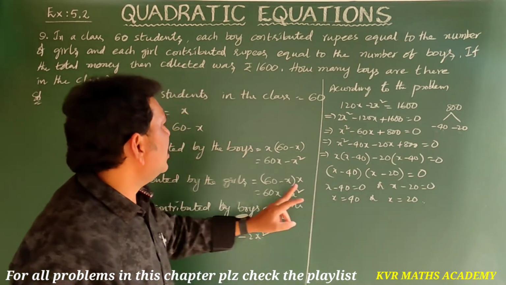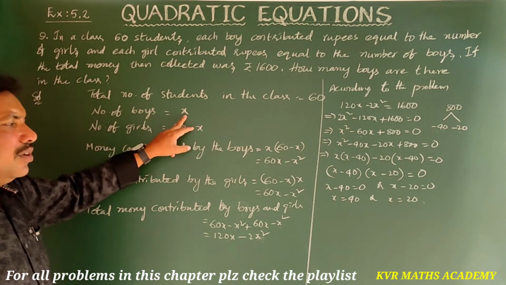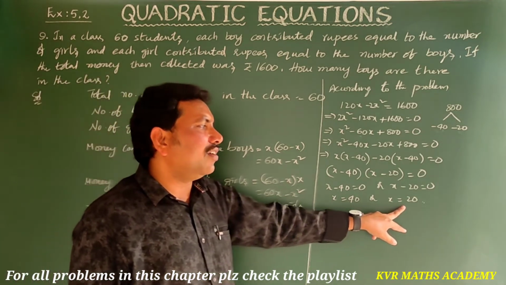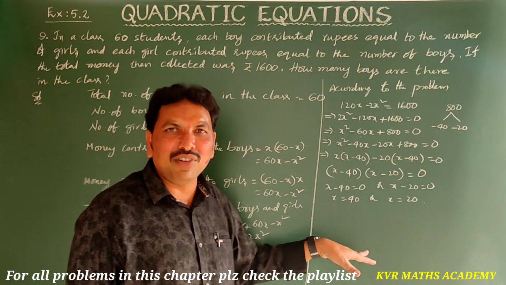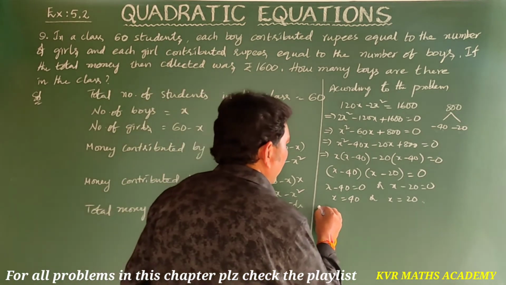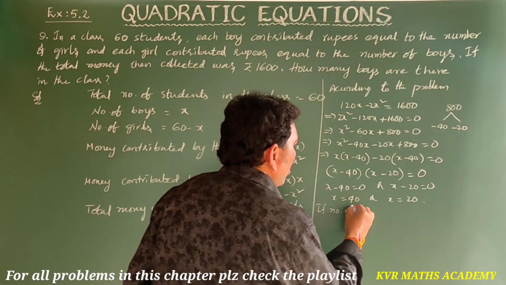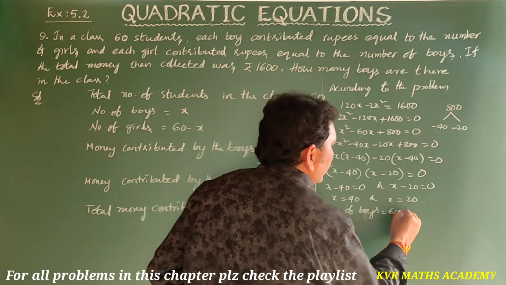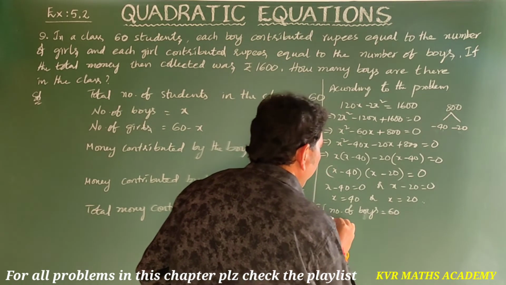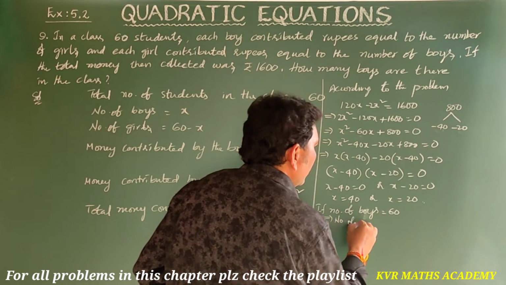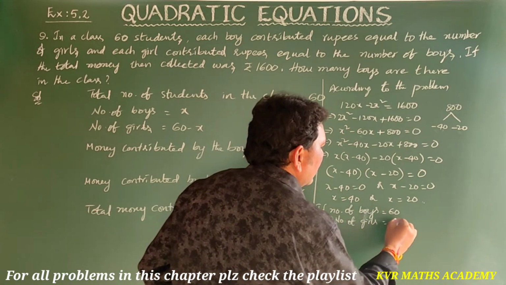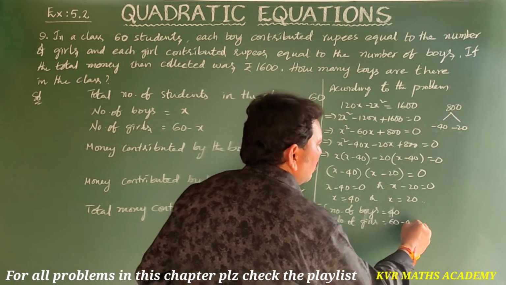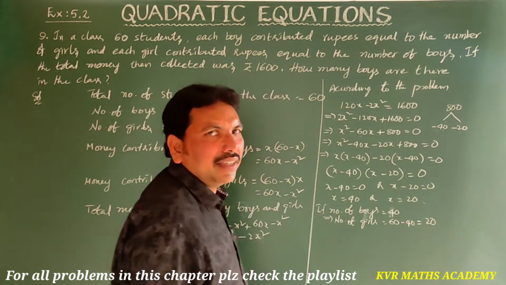So this means if the number of boys is equal to 40, then the number of girls will be 60 minus 40, which is 20.